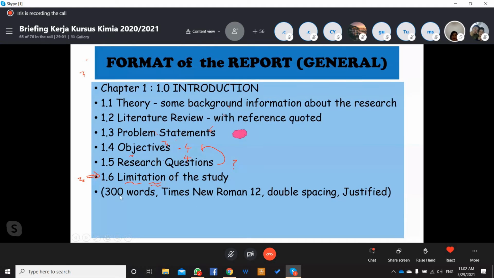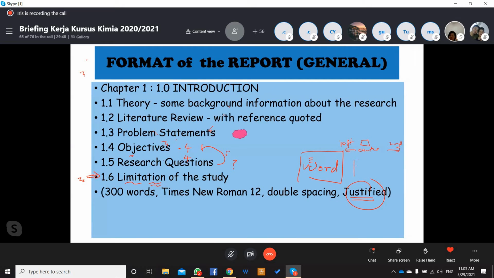So for chapter 1, this is a guideline only. The format is double spacing and then justified. Justified means your report writing is in Word. So when you go to Word, there will be the choice to be either justified, or your text all slope to the left or center, or to the right, and another one is justified.